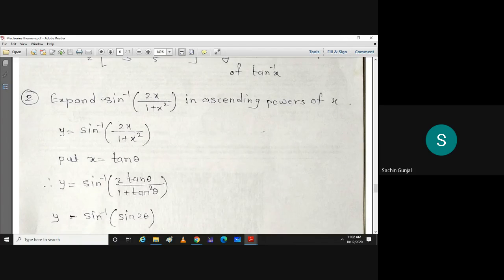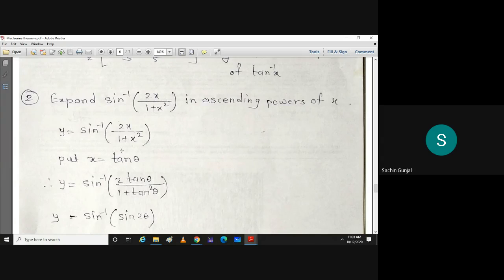Now you can see that if you straight away apply Maclaurin's theorem to this function, it becomes very difficult to find its derivative. Even the first order derivative will be difficult. So the trick is you need to do substitution. The target is to get rid of this sine inverse.